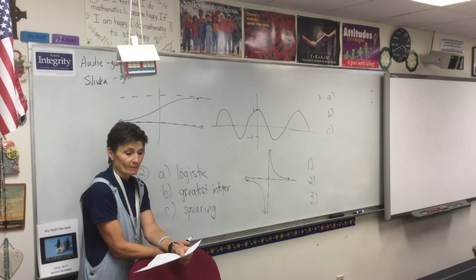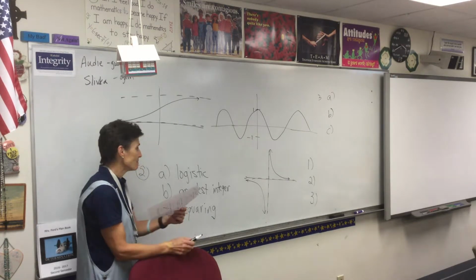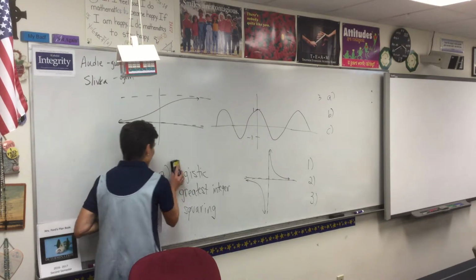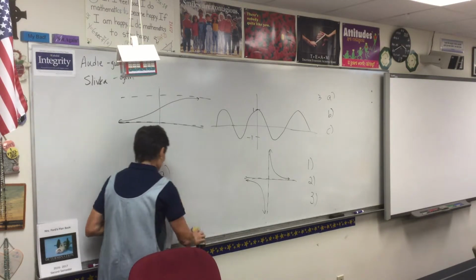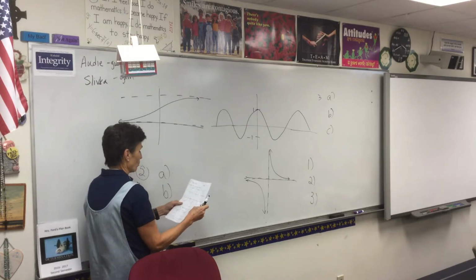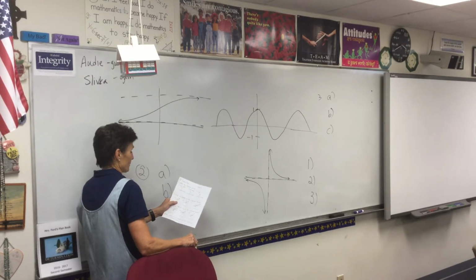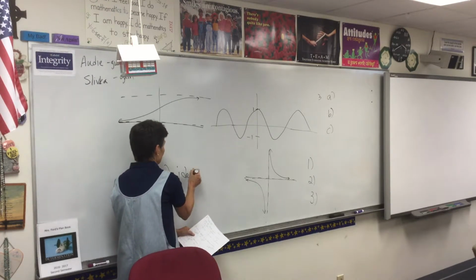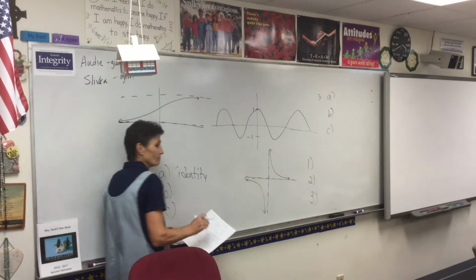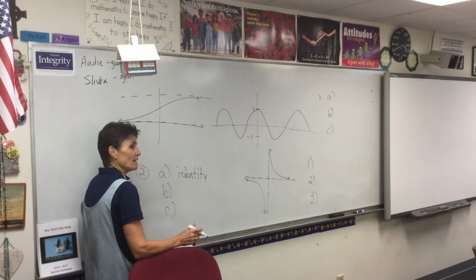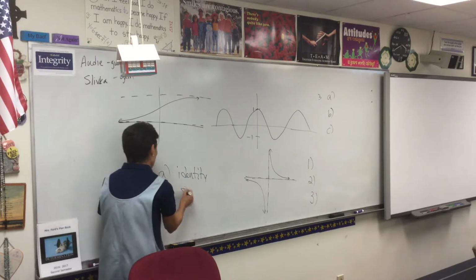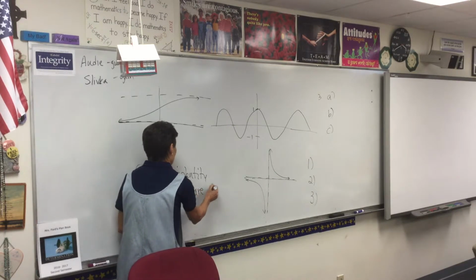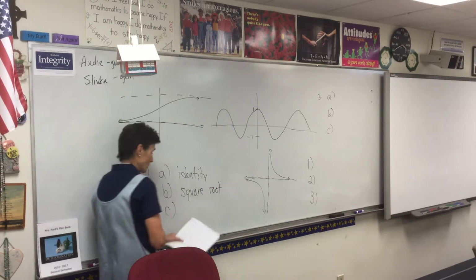Okay? Next, write the names of the functions. All right, so now I've drawn the pictures. What is the name for 2A? That's my identity. What's B? Square root. What's 3?